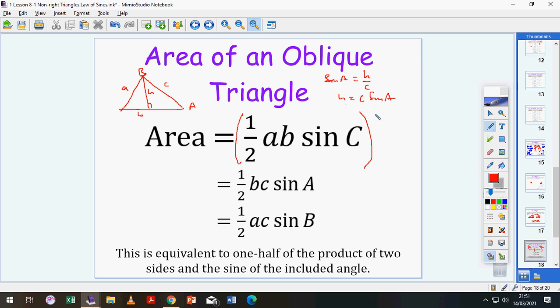That's the half. Wait, which one do I have? C sine A. Okay, sorry. This is the one I will get according to my triangle which I drew up there.